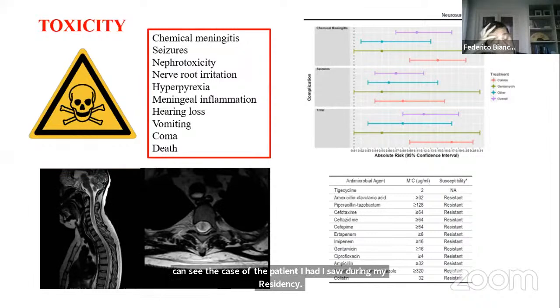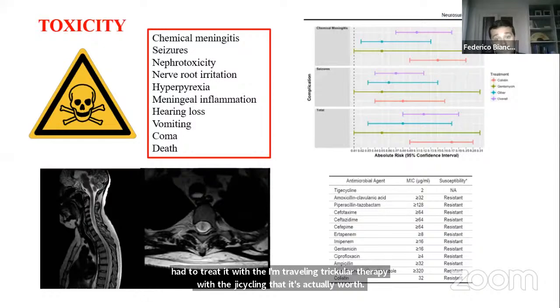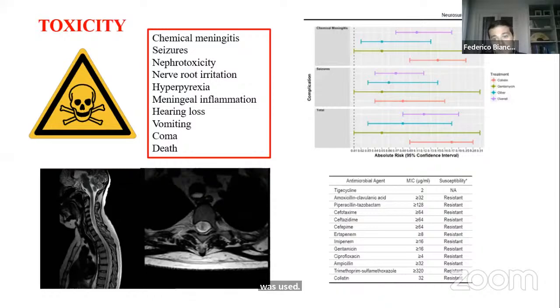In the MR, you can see the case of a patient I saw during my residency. He was a 22-year-old boy with a very huge pituitary adenoma, who was operated on through transsphenoidal surgery. After surgery, he had several CSF leaks, and after that he developed meningitis and ventriculitis. We had to treat it with intraventricular therapy with digoxin, the first case in the literature in which it was used, due to digoxin being the only antibiotic sensitive to Acinetobacter.